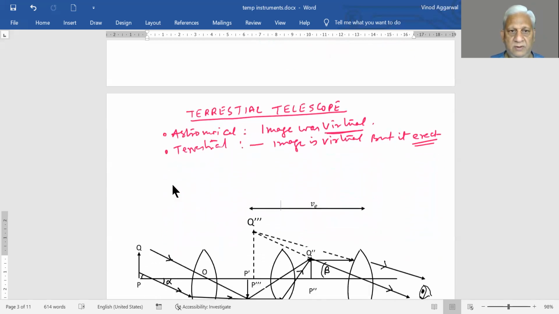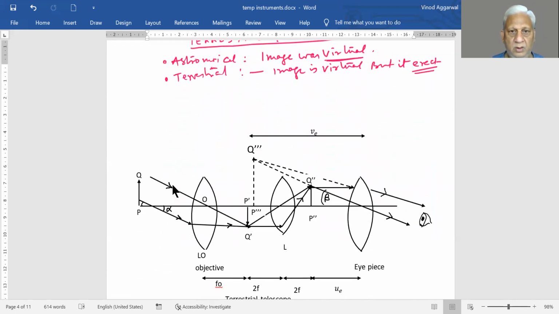Now let's see the construction of a terrestrial telescope. Here, if we forget about this lens, the construction is exactly same as astronomical telescope. What we do here is we introduce another lens here, which helps in converting the direction of the image. So you have object here, the parallel rays coming from distance.